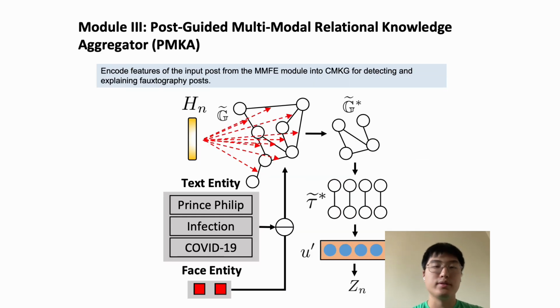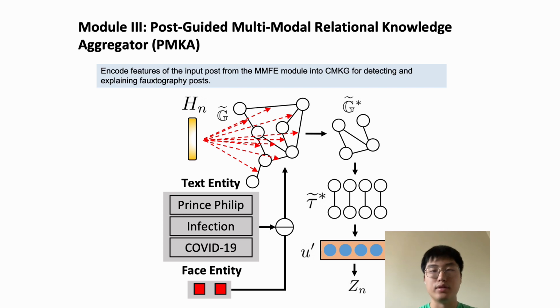The third module is about how to integrate the Fauxtography post and the knowledge graph. We firstly do graph convolution on the global knowledge graph to explore the multi-hop relations between different graph entities. And then we use the feature of the Fauxtography post as guidance and merge the feature with the subset of the knowledge graph.